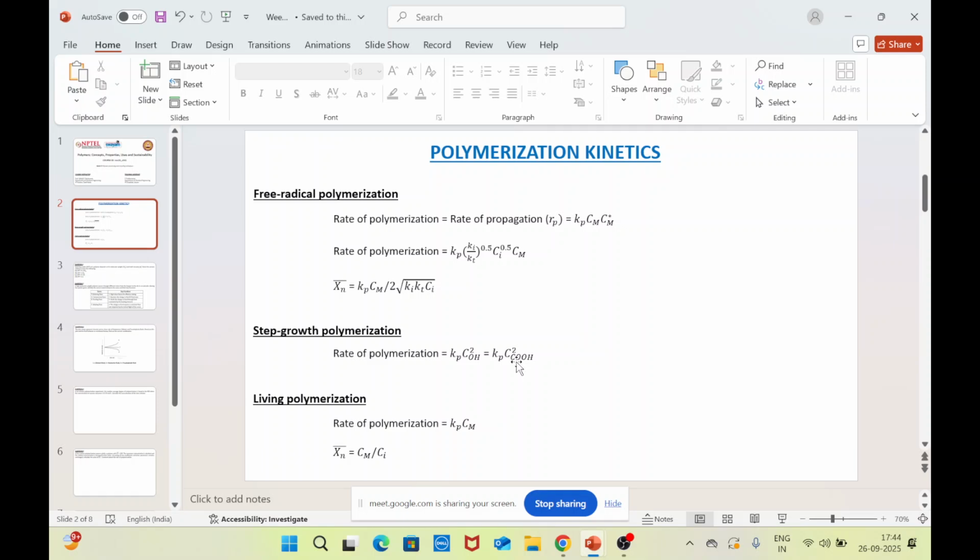Likewise, polymers like PMMA and ABS are each produced through different industrial processes, depending on what type of polymer we want to scale up. So this is about polymerization kinetics and the reactors.